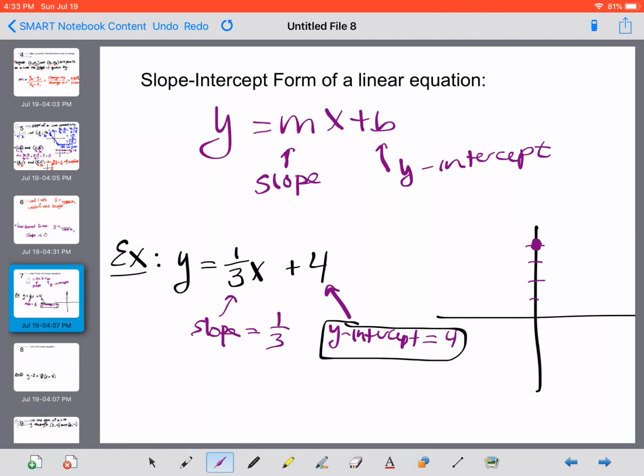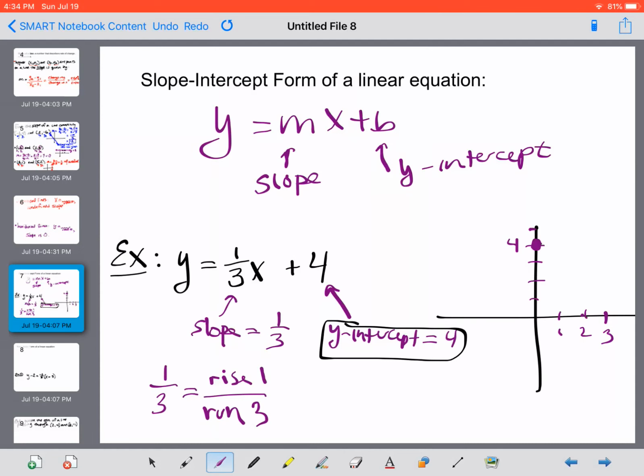Okay? Now I also know that the slope is 1/3. So how does that help me to draw this graph? Well, remember that 1/3 means that we have a rise of 1, positive 1, and a run of positive 3. So starting with any point on the line, we had a point here at 4.